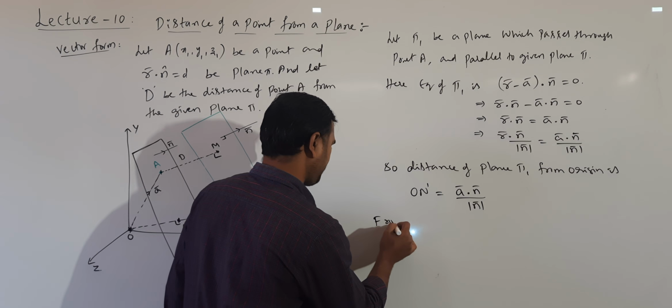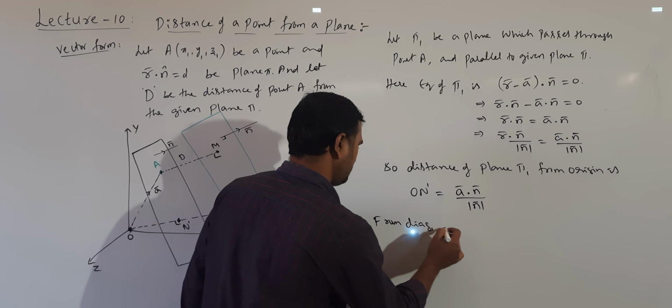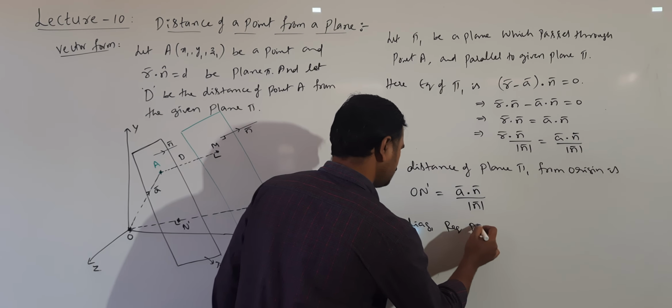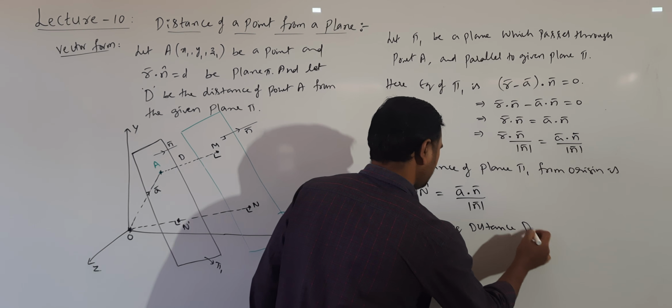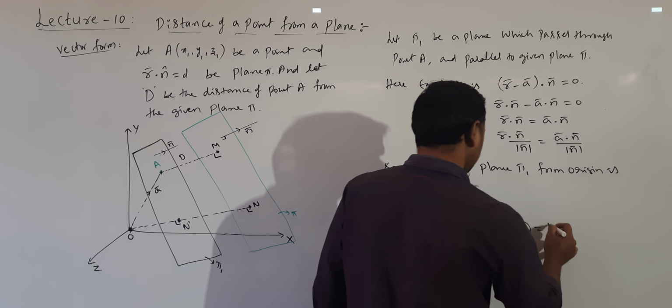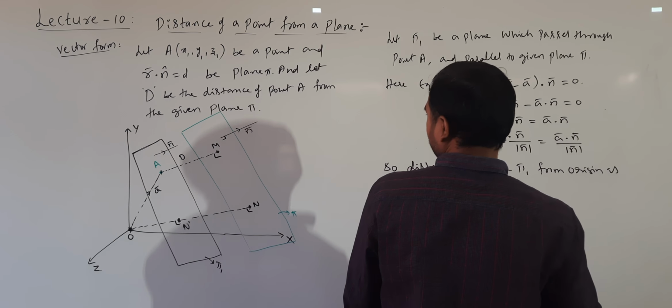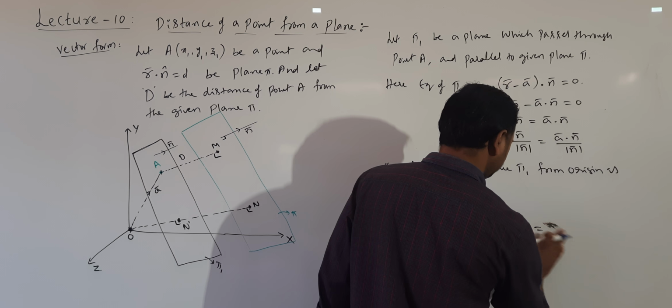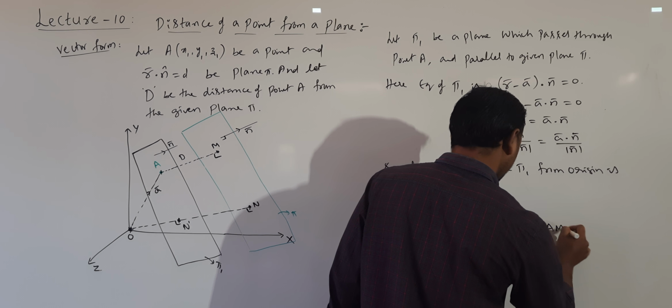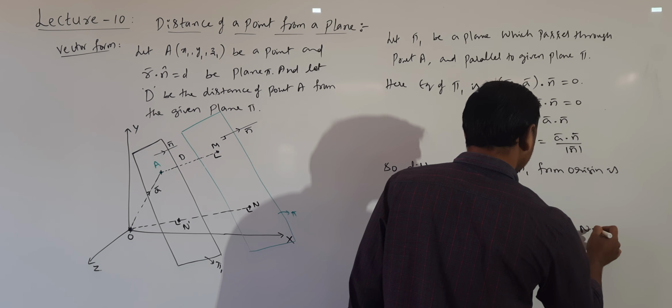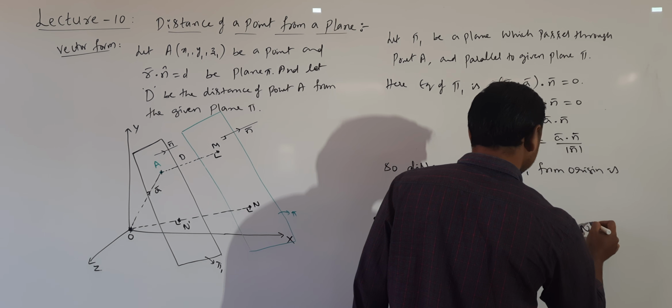So this distance am is nothing but distance between n and n dash. From diagram, the required distance d is equal to distance am, which will be same as n dash n.